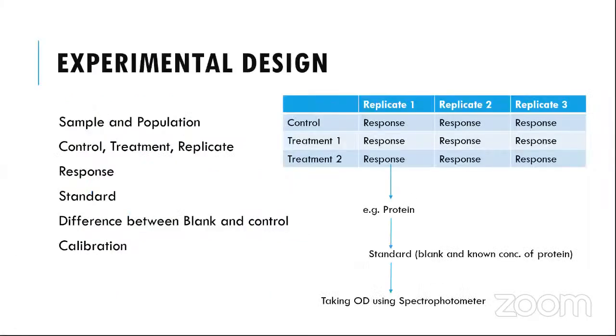So what is experimental design? Let's start with the basic concept. Suppose we have a population and we want to estimate, let's say, biodiversity. We don't go for the estimation of the biodiversity for the entire population. We take some sample like a quadrat, we measure the quadrat size and then take the biodiversity measurement in that particular quadrat.